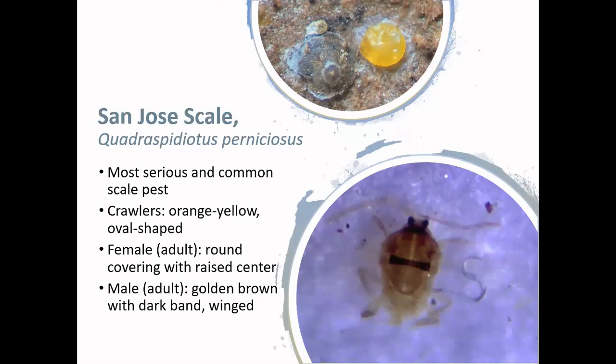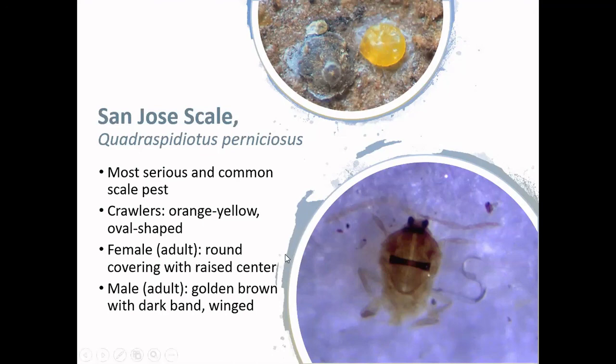In terms of appearance, the female shown here in the top picture forms a protective shell over top of its soft orange body shown here on the right side. Having this shell over top can really protect it, both from environmental pressures as well as from sprays, so it can make management of scale really difficult once the populations get to this stage.